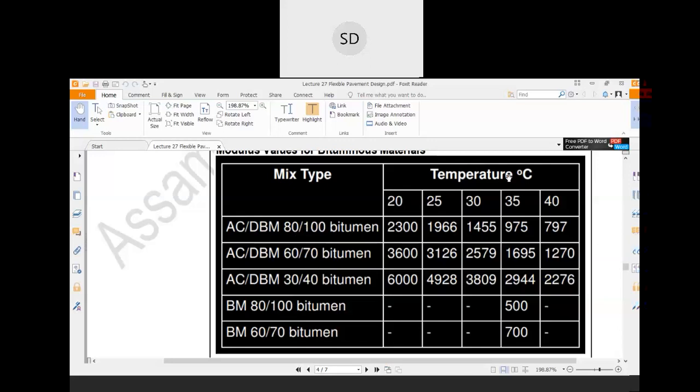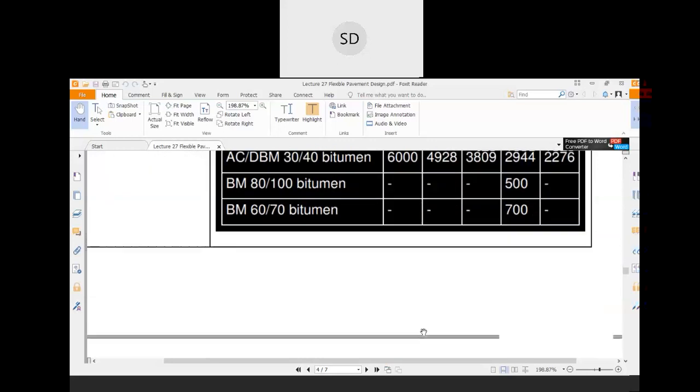For the temperature 20 degrees Celsius, the E value is 2300. So like that there are different types of mix, and based on this mix type there are different temperatures, and based on the temperature there are different modulus of resilient response values.